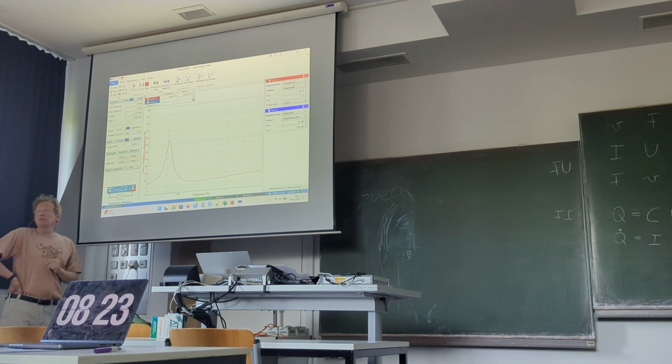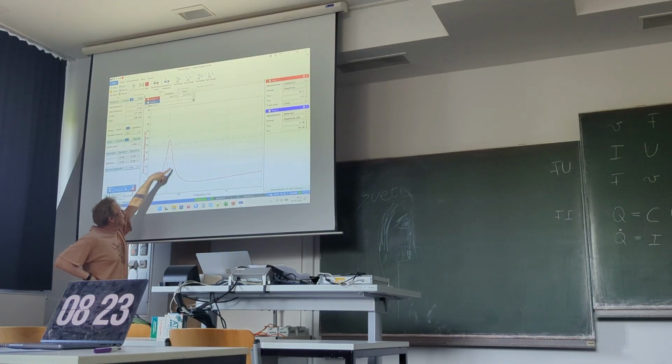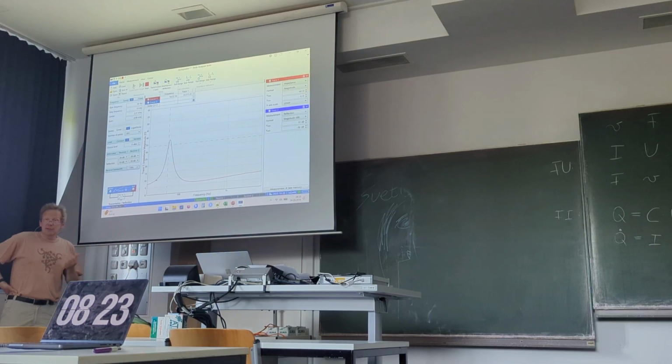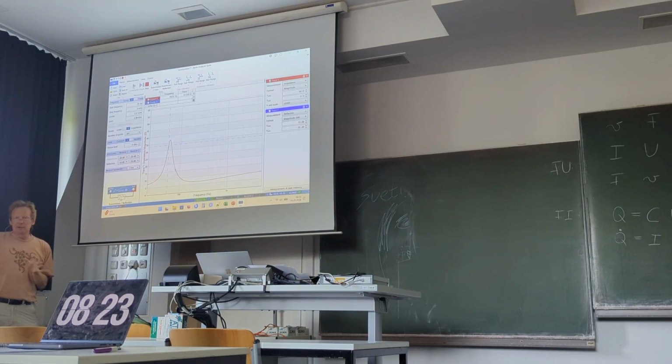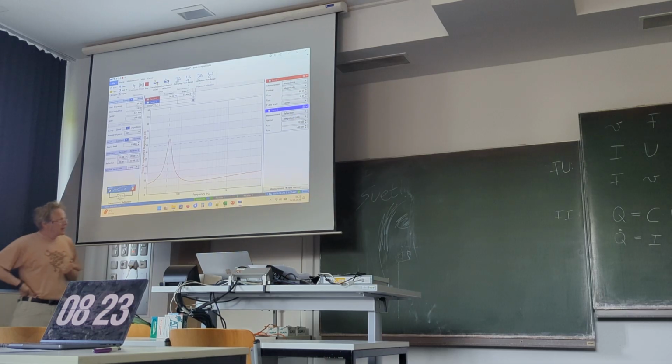And most notably, we have here a maximum. So there is a resonance, and this can only be explained by the mechanical properties. This comes from the resonance of elasticity and mass. Mainly, I said it's a coil, and we also see the property of inductivity.